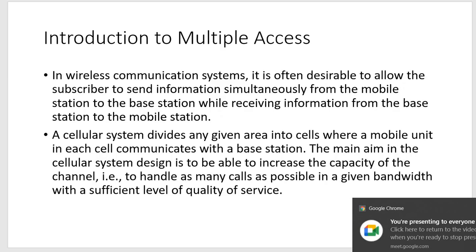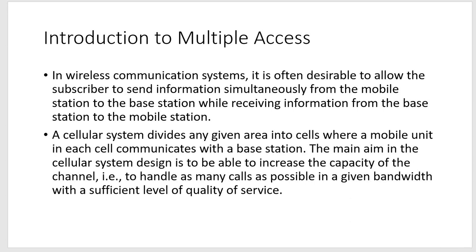So in wireless communications, it's often desired to allow the subscriber, meaning the mobile users who are accessing the services of cell, okay, cell phone, cell services, to send information simultaneously from the mobile phone to the base stations, while receiving information from the base stations to the mobile stations.